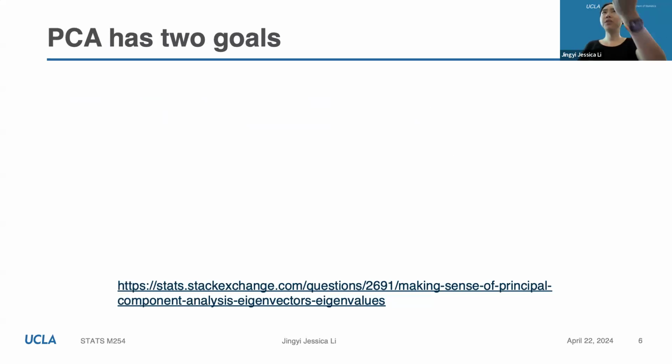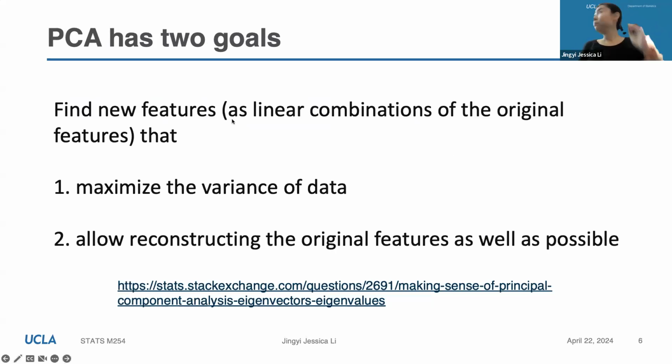So back to the question we got at the beginning, PCA has two goals. The goal is to find new features as linear combinations of the original features, and we call the new features PCs. The first goal is that we want to maximize the variance of the data.